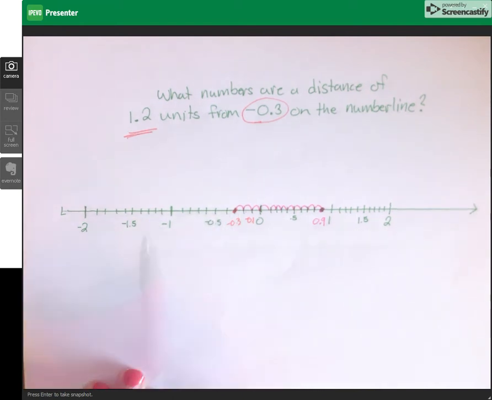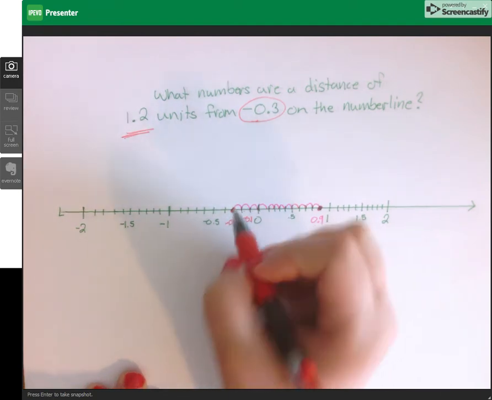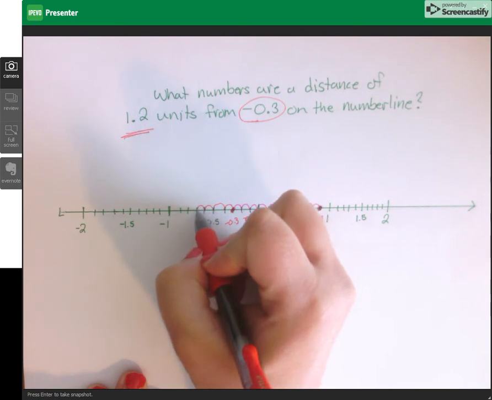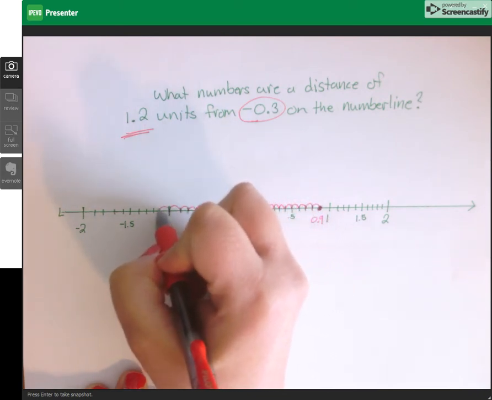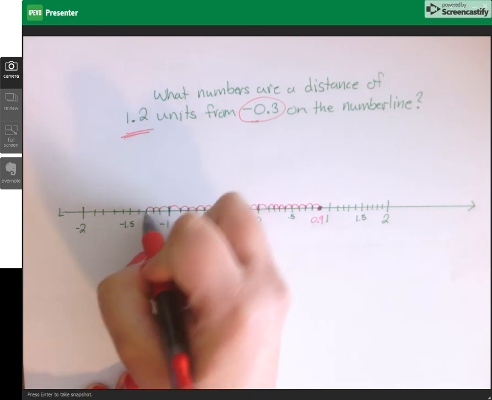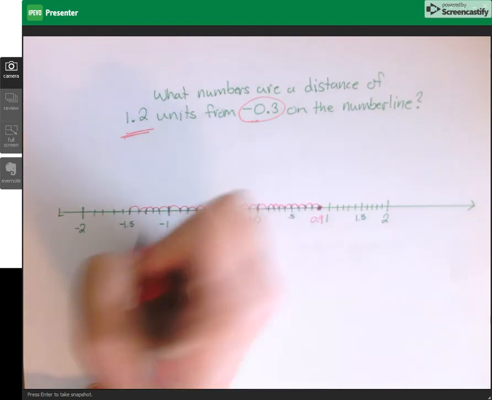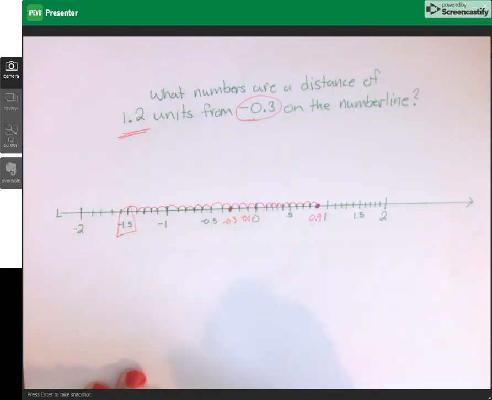Let's go in the negative direction. So we're going to do the same thing. We're going to go 12 tick marks. 1, 2, 3, 4, 5, 6, 7, 8, 9, 10. So that's 1 whole unit, but we need to go two more for that 0.2. And that puts us right here at negative 1.5.